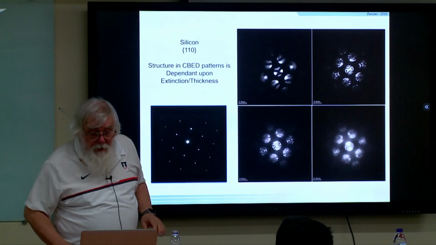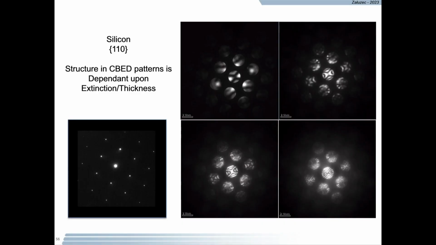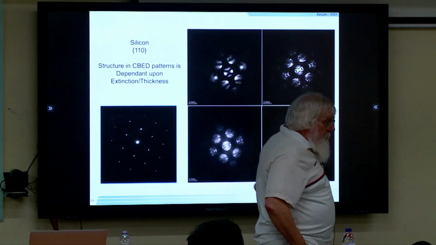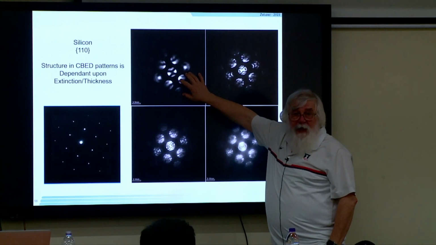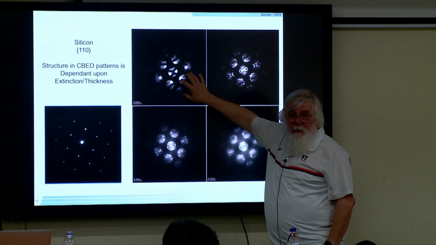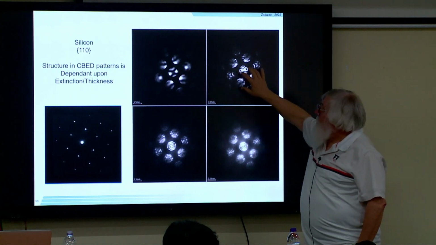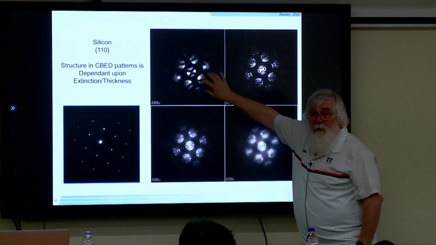We can look at a complex example. This is now all silicon. There's a nice parallel pattern, and now I'm going to go to convergent beam mode, and that pattern becomes that pattern. Now I'm going to keep my convergent beams fixed and change the thickness of the crystal. All I'm going to do is move the probe to a thicker area. I go from this to this to this to this. Do you see the pattern here?